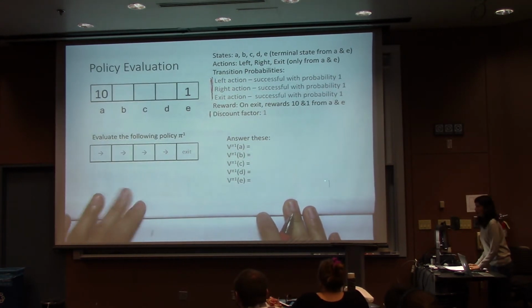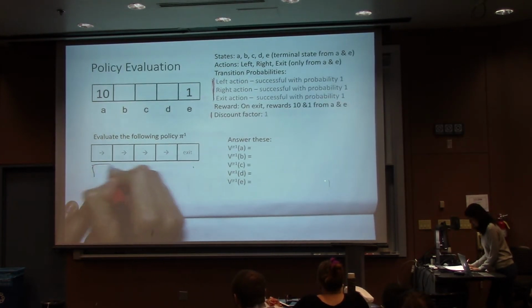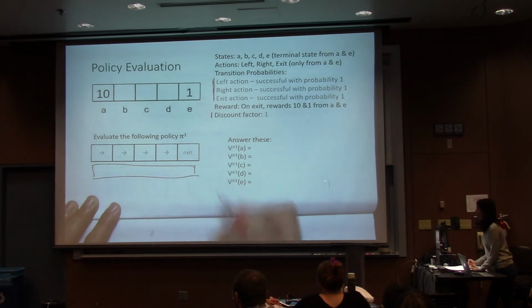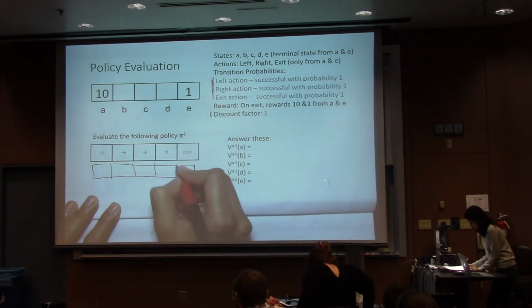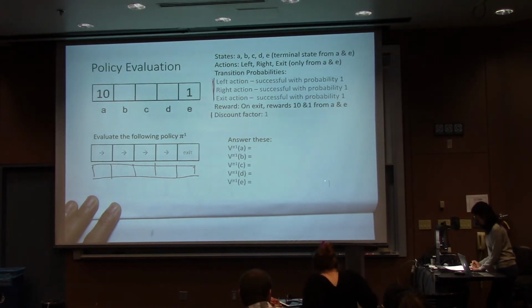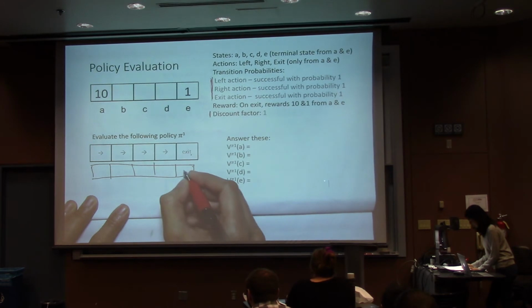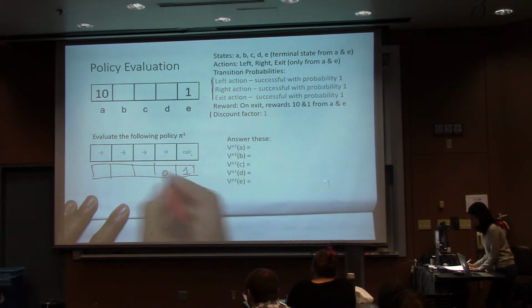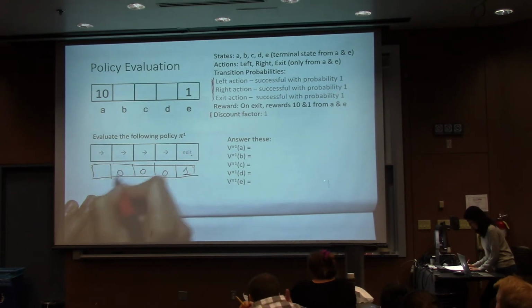So say you were given this policy. How do you evaluate this policy? For that, we start like we started before. If you take the action exit, the immediate reward that you would get is 1. If you take action right in this state, the immediate reward would be 0 for all.